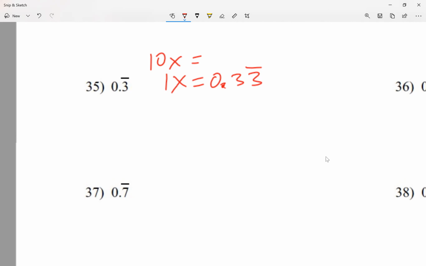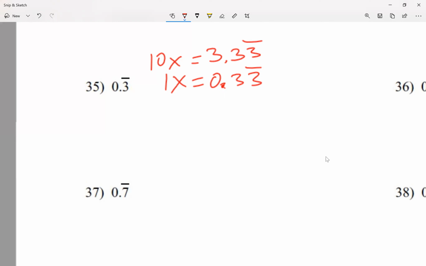By multiplying by 10, basically, the decimal point moves one space to the right. So I'm going to say 10x is 3.333 on and on and on. Now, the interesting part is that the numbers after the decimal are the same.